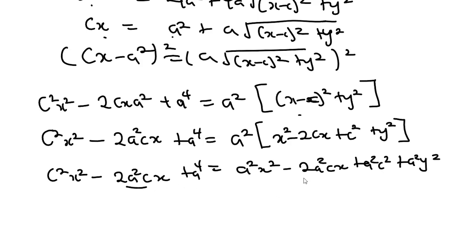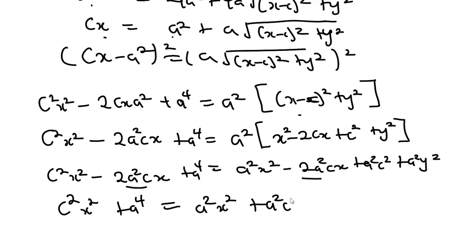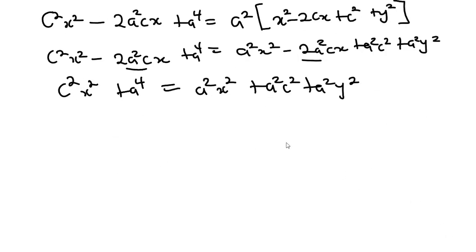Now this and this gone. So it's left with c squared x squared plus a exponent 4 being equal to what happens? Then we have a squared x squared plus a squared c squared plus a squared y squared. Alright, so let's continue and see what happens next. So we have c squared x squared.